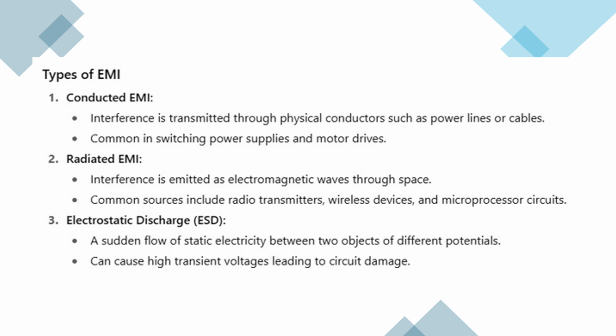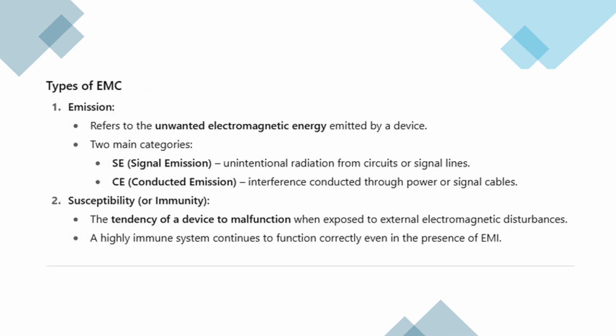And then the types of EMC. Emission refers to the unwanted electromagnetic energy emitted by a device. Mainly it can be categorized in two parts, that is SE and CE. SE, radiated emission, is unintentional radiation from a circuit, and CE, conducted emission, is interference conducted through power and signal cables.